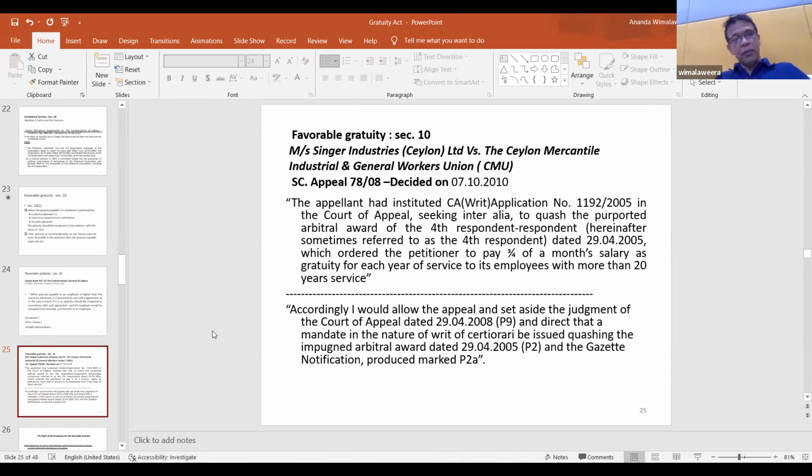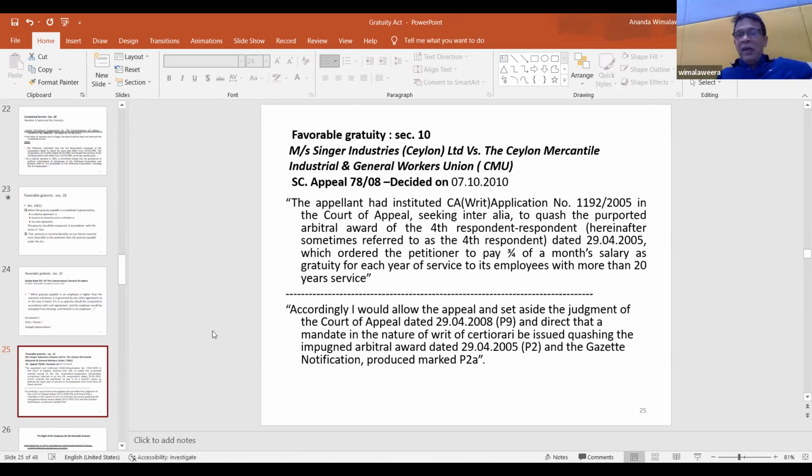This was offered. However, the union did not accept it, neither accepting nor refusing. Instead, they were demanding 1 month gratuity.